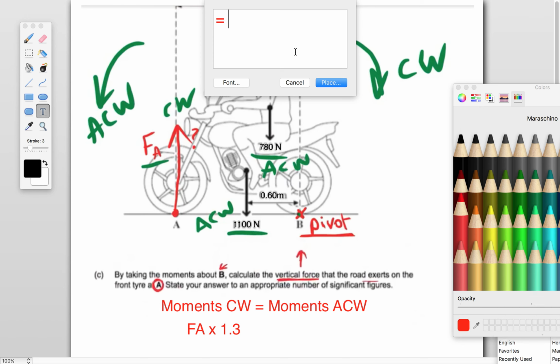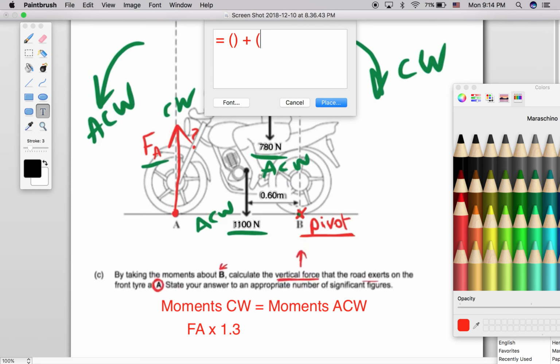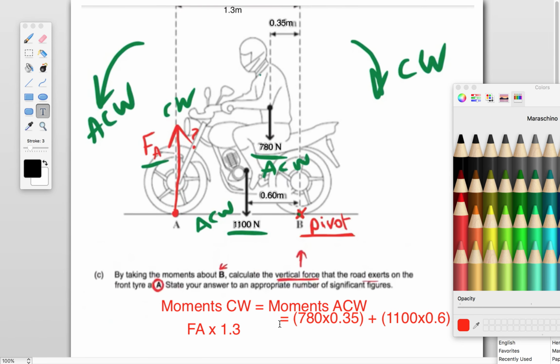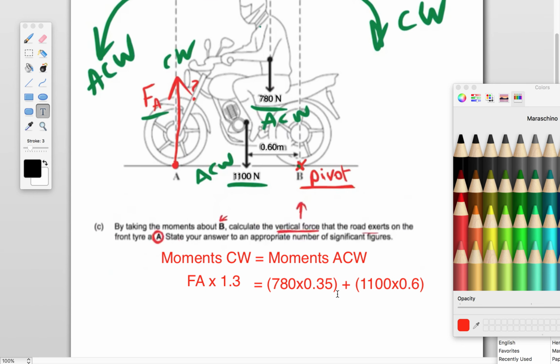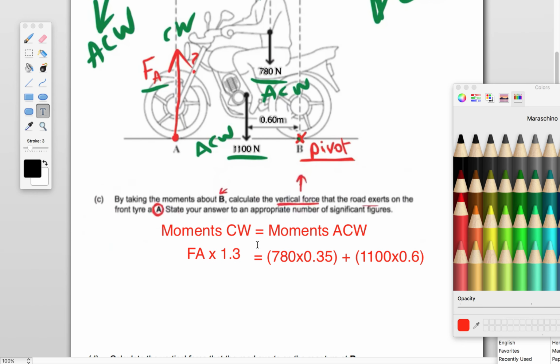This should be equal to two moments acting in an anti-clockwise way: the 780 multiplied by 0.35, and the 1100 multiplied by 0.6. So using this way, we are using the first condition of equilibrium.